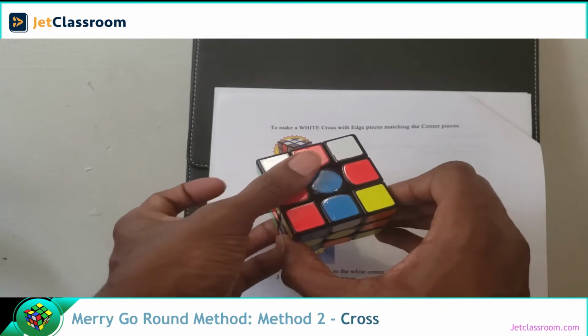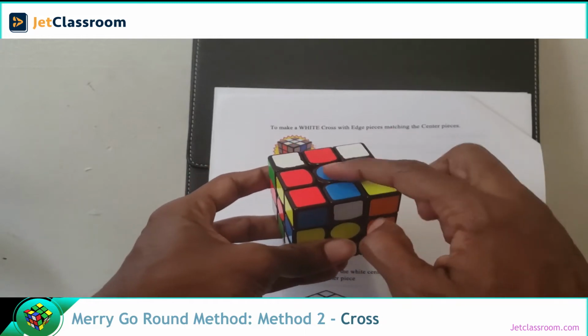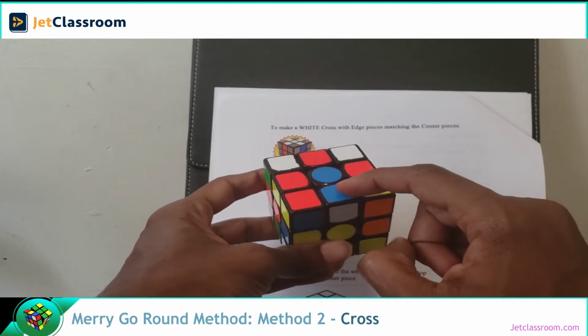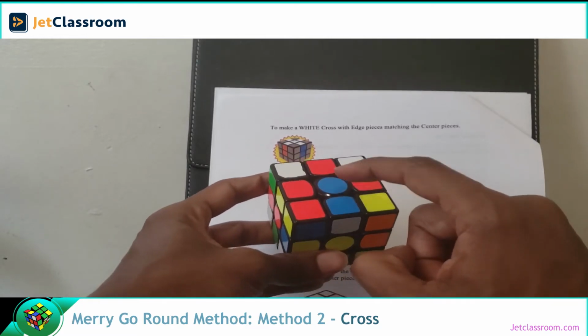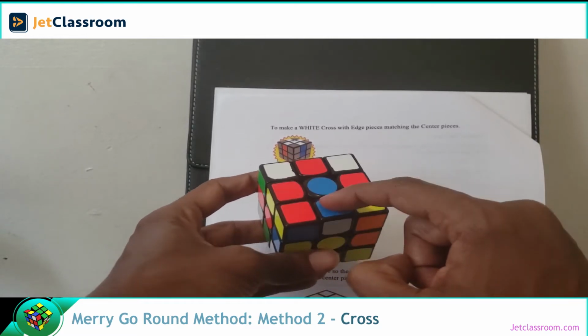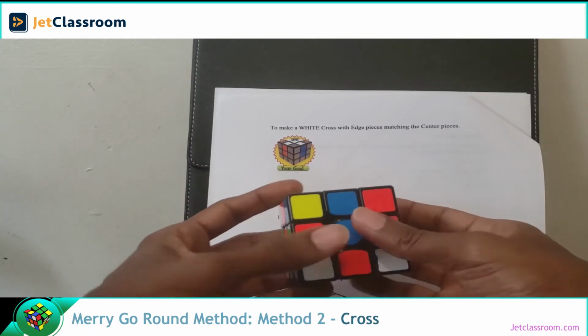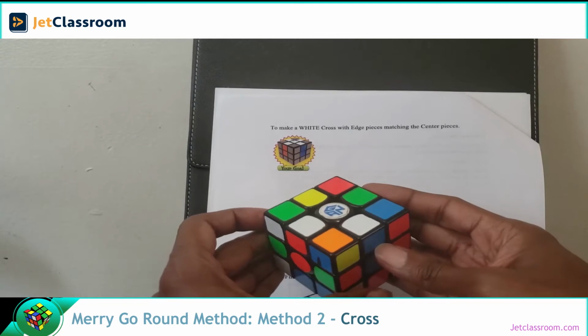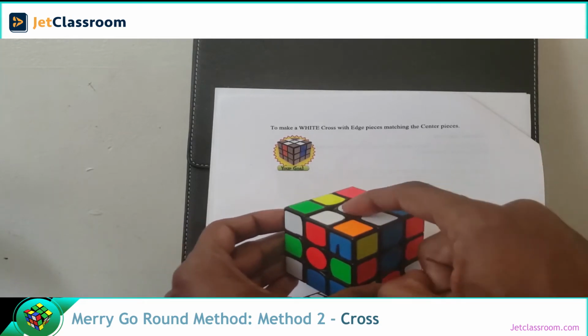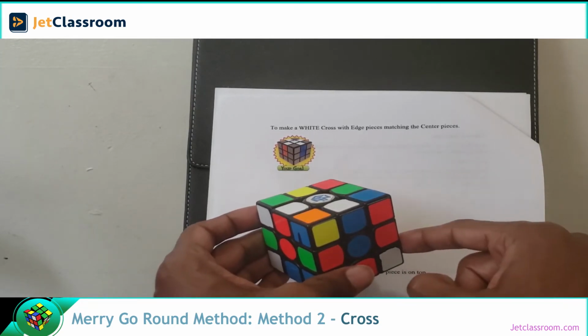You spin it on the merry-go-round, and when it's in the right position under the blue window, so we've got a blue and white edge piece under the blue window, then you flip it back up to the top, all right? And you basically have the same two legs of the cross solved already, all right?